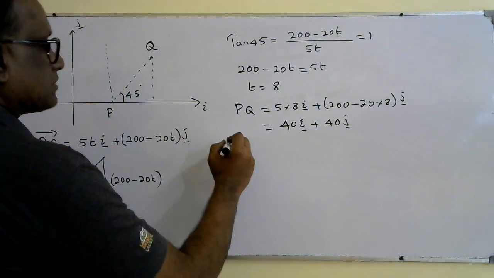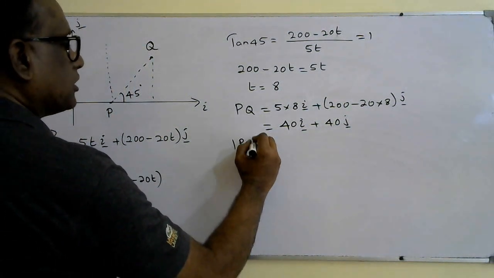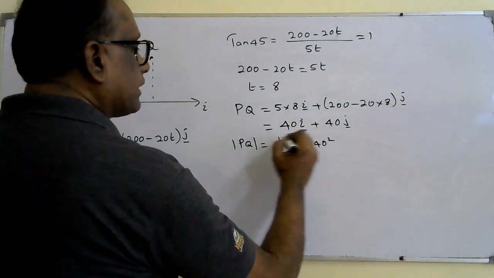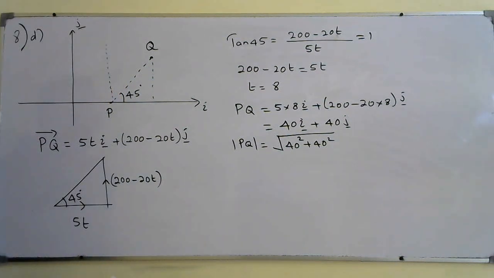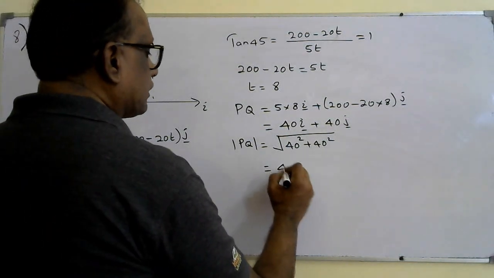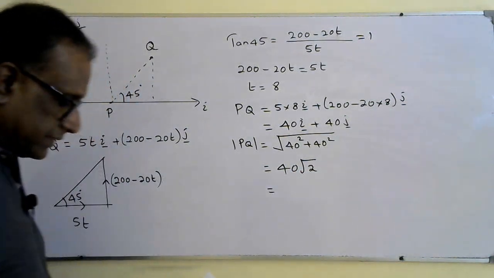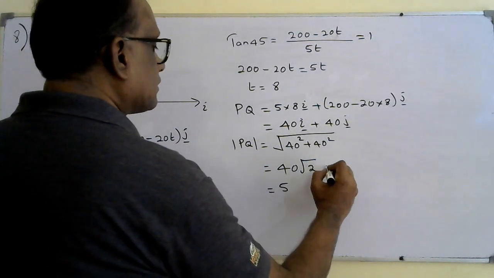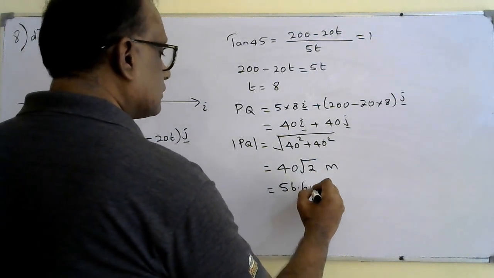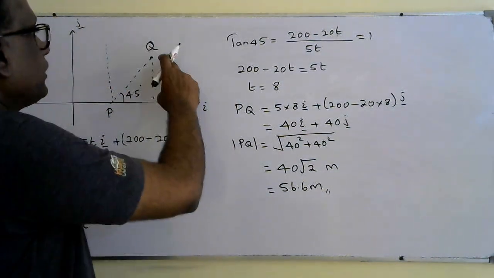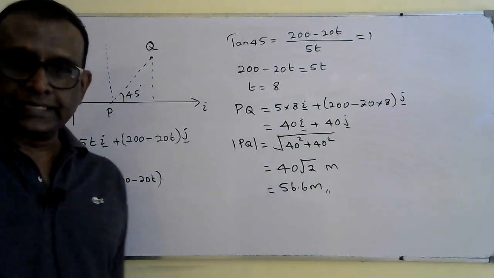The question is distance, which means the magnitude of PQ, the modulus of PQ: square root of 40 squared plus 40 squared. That will be 40 root 2, or you can give it in decimal, 56.6 meters. That's the answer for the distance between P and Q when Q is northeast relative to P.